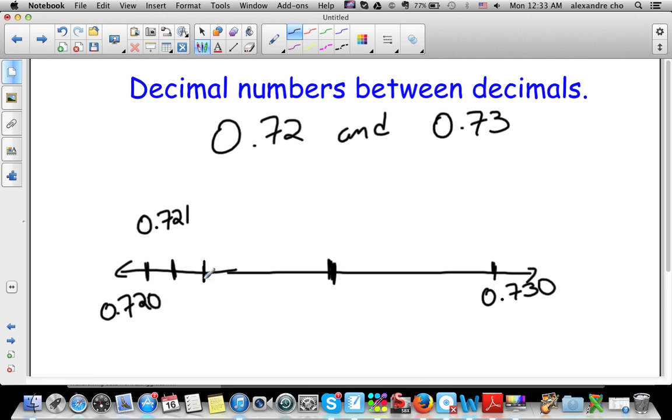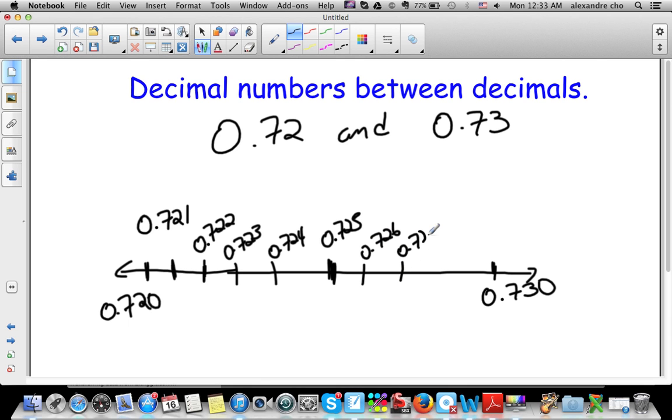0.721, making this 0.722, 0.723, 0.724. The middle number obviously is going to be 0.725, 0.726, 0.727, 0.728, 0.729, and finally 0.730.